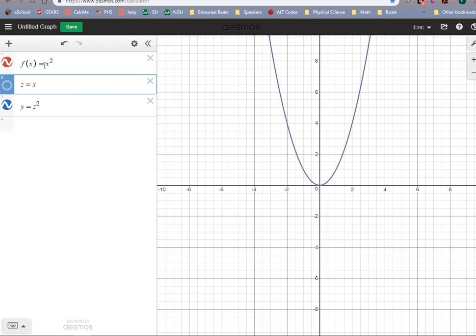Okay, so my goal then is, if I want to slide this thing to the right, I've got to trick this function machine somehow.